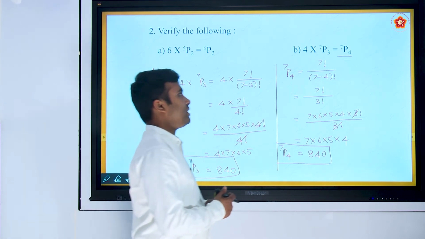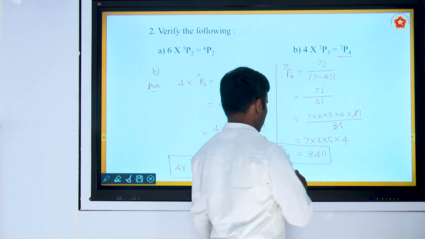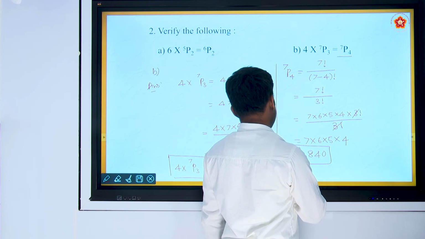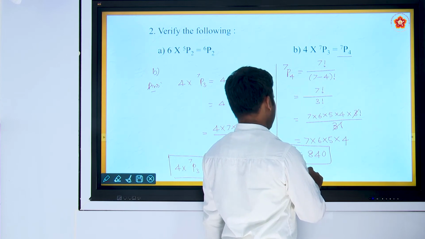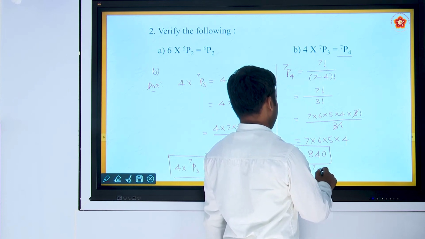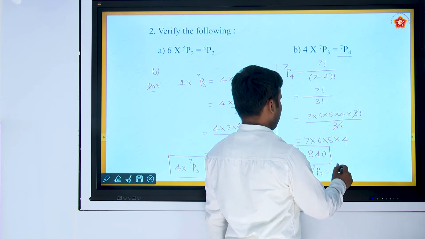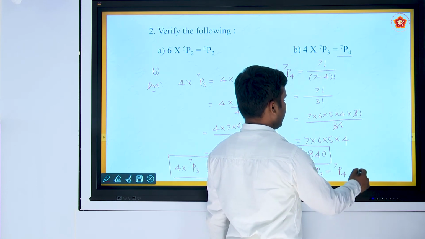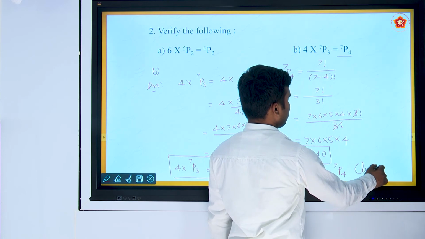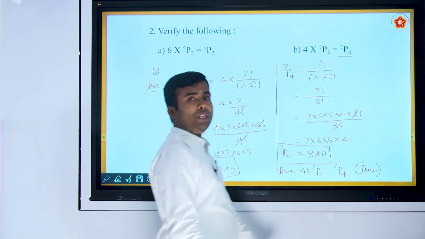Hence we can say the statement is verified, which is true. Hence I can write 4 into 7P3 is equal to 7P4, which is true.